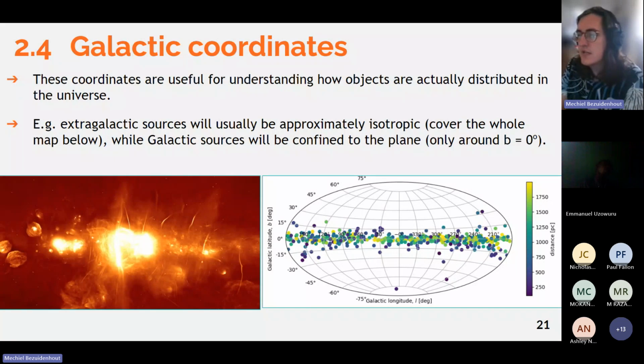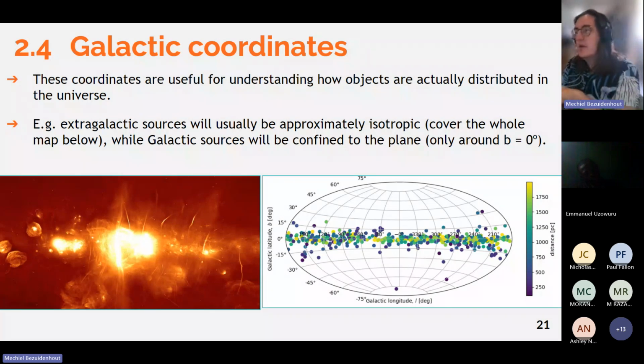For example, I'm sure you've recognized this image on the left of the MeerKAT galactic plane. These are in galactic coordinates, so the galactic plane is all in a line in the center of the image, and that allows you to get some sense of how objects are actually distributed within the galactic plane and the galactic center.